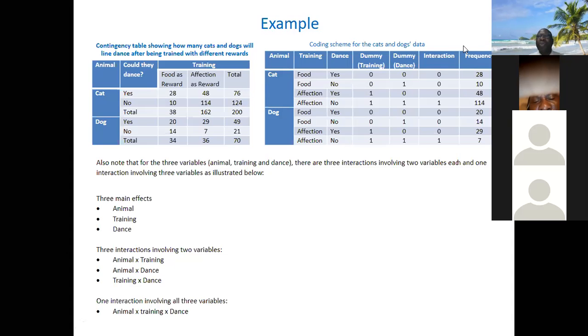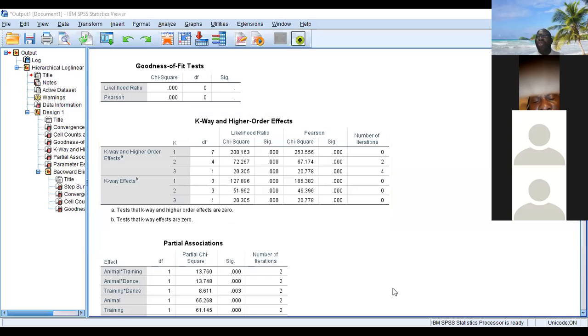So let me go back to that output table. I'm seeing them as 1, 2, and 3, and want to know what the one represents. Let's start with the one below, the K-way effect.